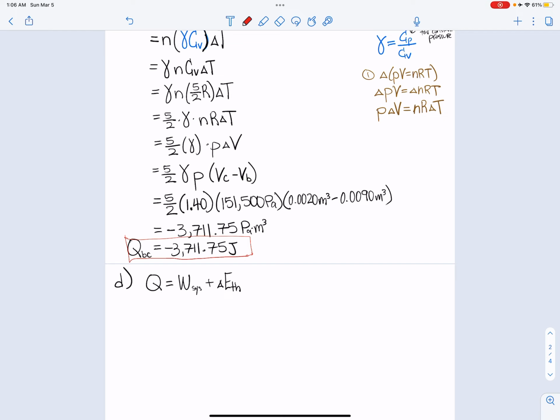So for heat engines, or otherwise known as a closed cycle device, at the end of a full cycle, the change in thermal energy is equal to 0.